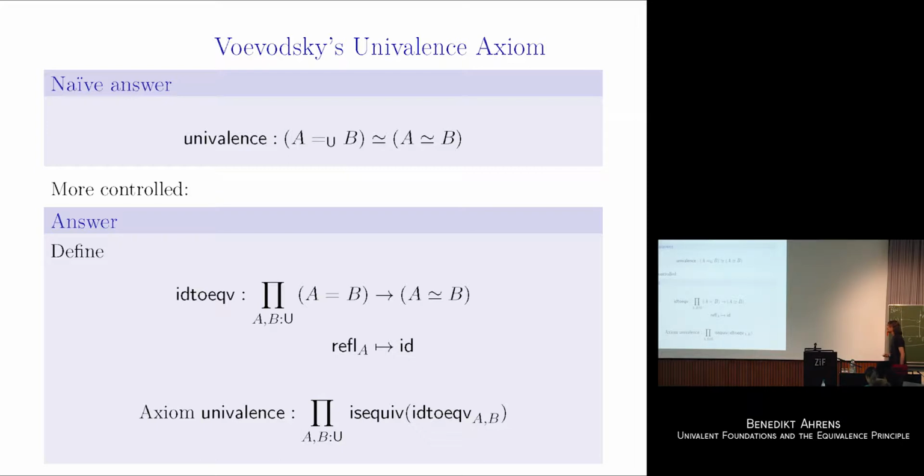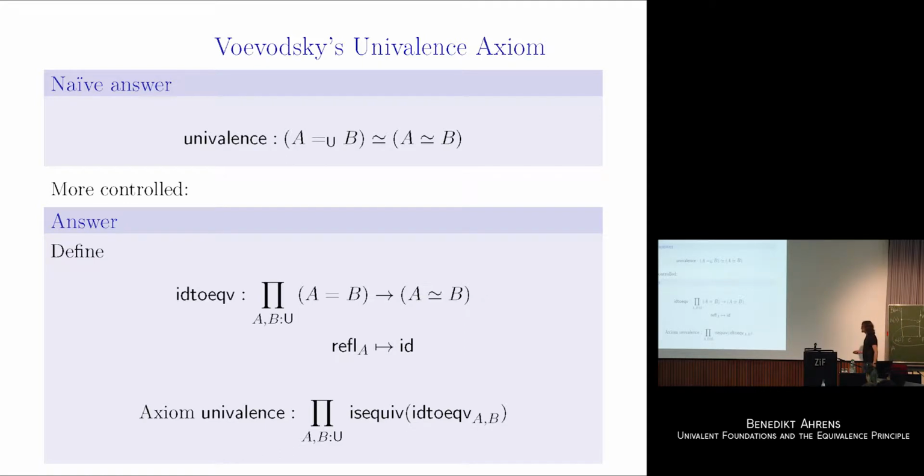Right. And shouldn't that be reflexivity in U, the refl A? Well, it's refl U A. Yeah, I omitted one argument here. It's reflexivity. So if we think of these identities as paths, it's a constant path in U that is constantly A. Right.